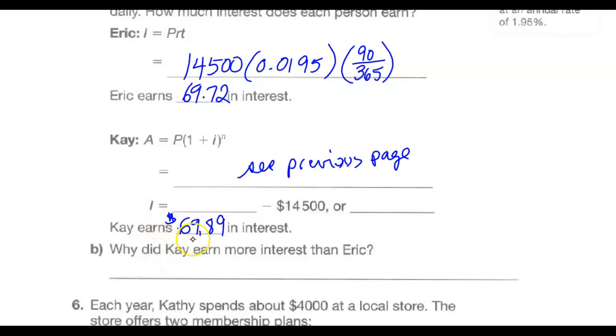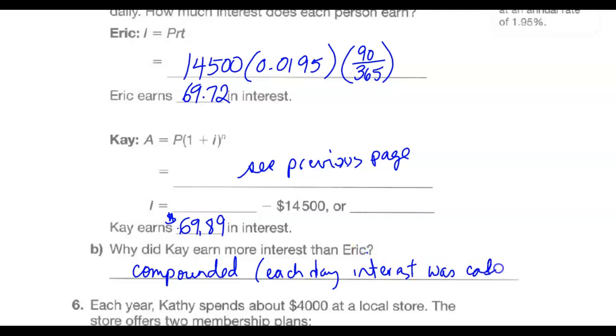And basically, Kay earned more interest because it was compounded. So each day, interest was calculated and added on, and then interest was earned on the interest.